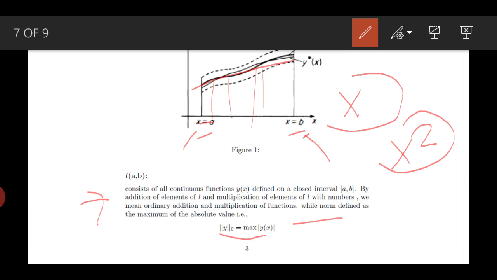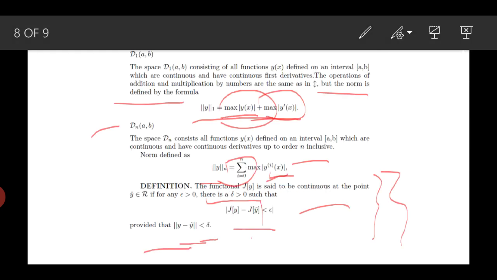Now what I am saying is that if I take another point that is in the neighborhood of this y cap, my reference function where I am checking the continuity, the distance between y and y cap is less than delta.